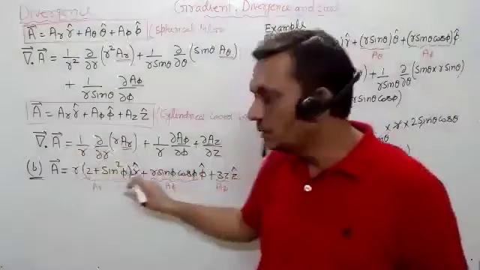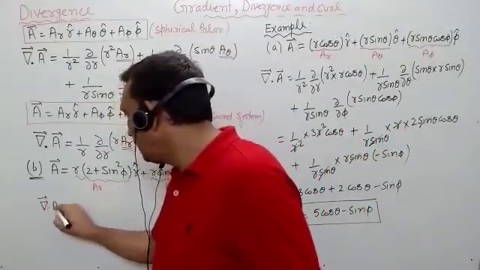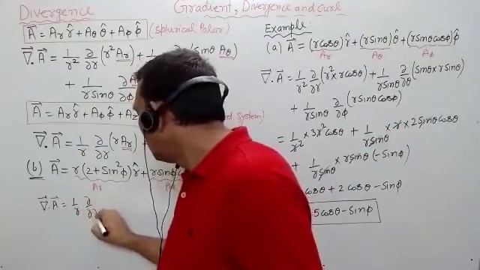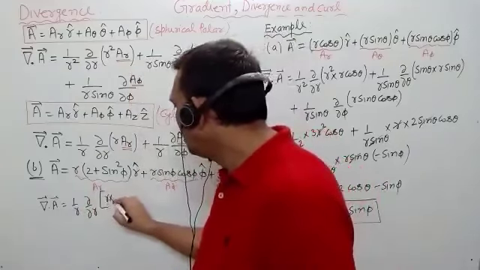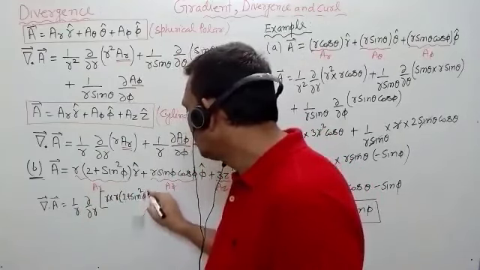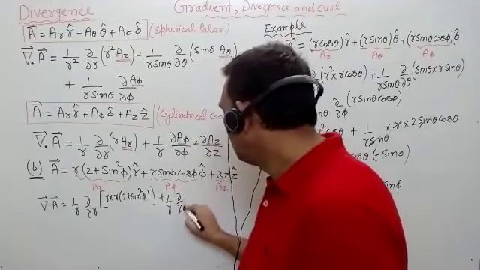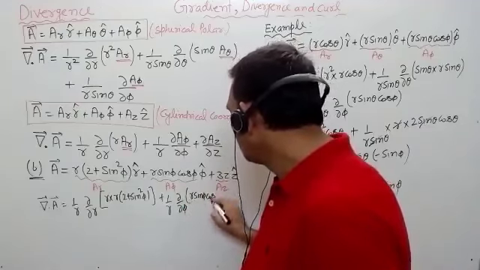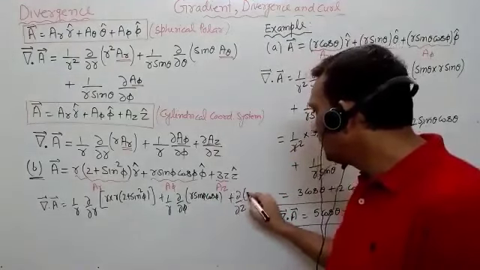So if you substitute, you will get divergence of A is 1 by r del r, and this term will be r into r times 2 plus sine square phi, plus 1 by r del phi of r sine phi cos phi, and the last term is del z of A z, and A z is 3z.